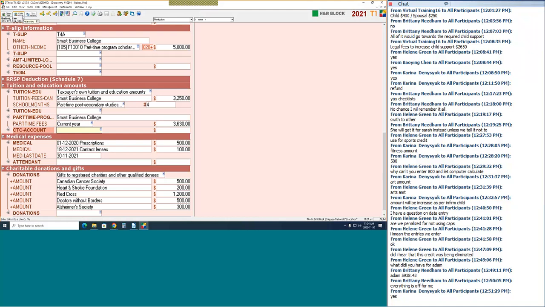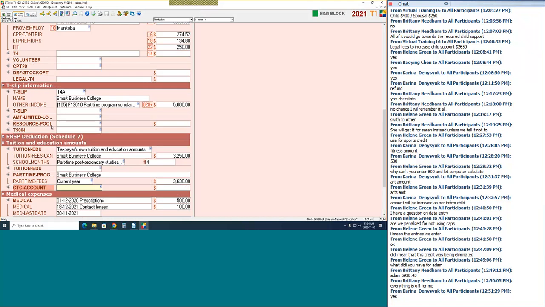So what we are doing, we are entering her T4A as normal, but we have to change the T4A from box 105 default position of scholarship to part-time scholarship. That tells the computer that we could deduct 500 minus tuition. I know she has books as well. I'm going to go to part-time, say current year fees are her books plus her tuition.